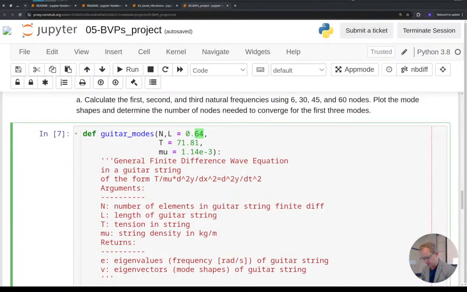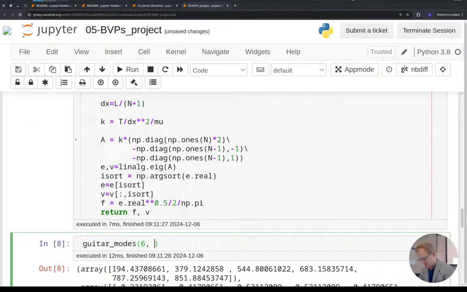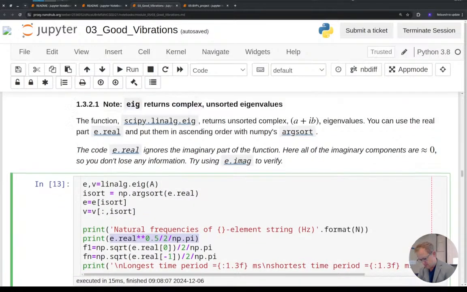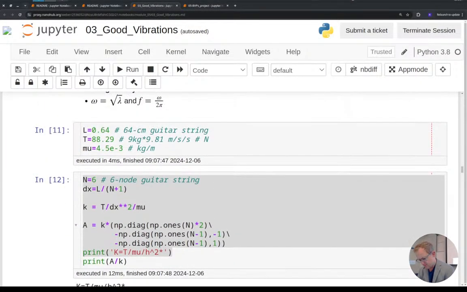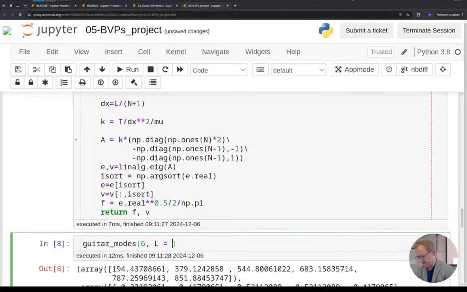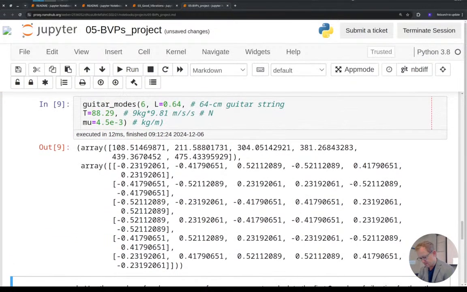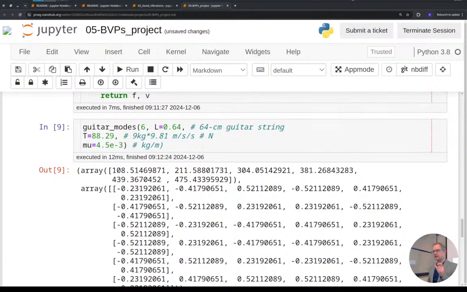And let's double check that. If I look at the same guitar string that we were looking at in the reading, I can generate the same natural frequencies that I was getting when I first did the reading.